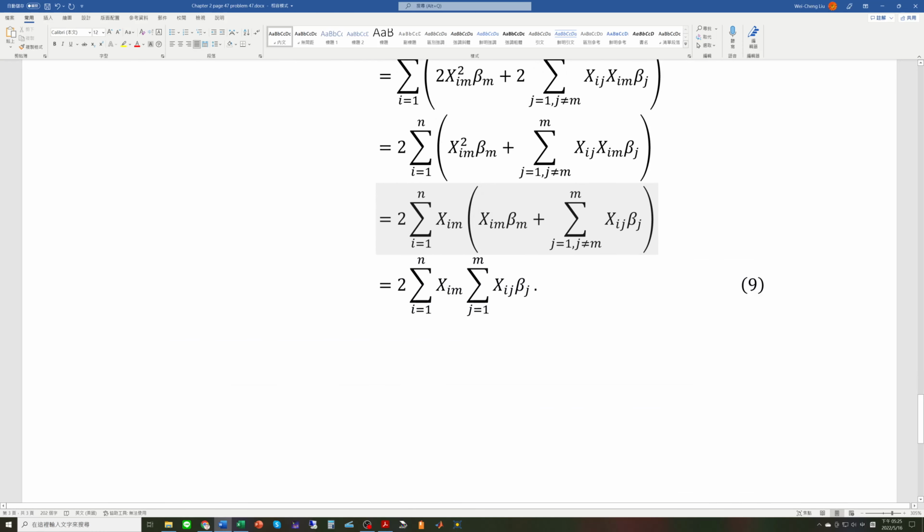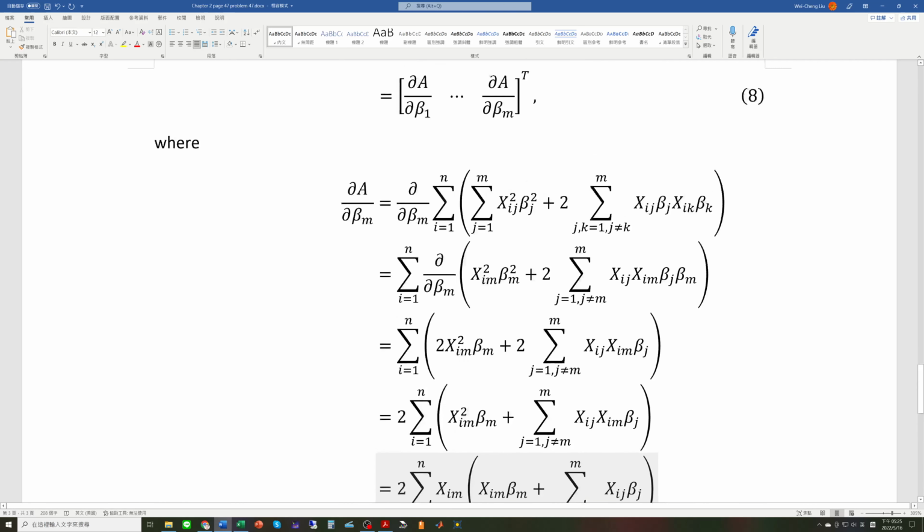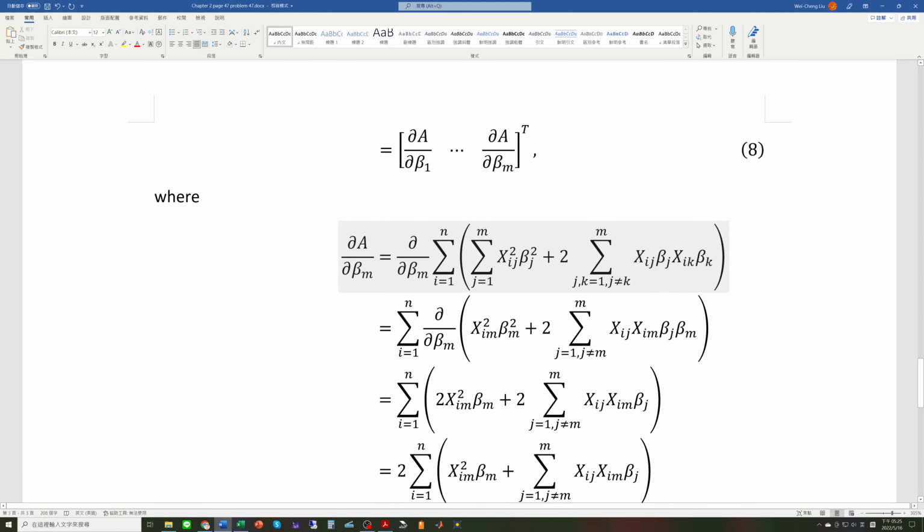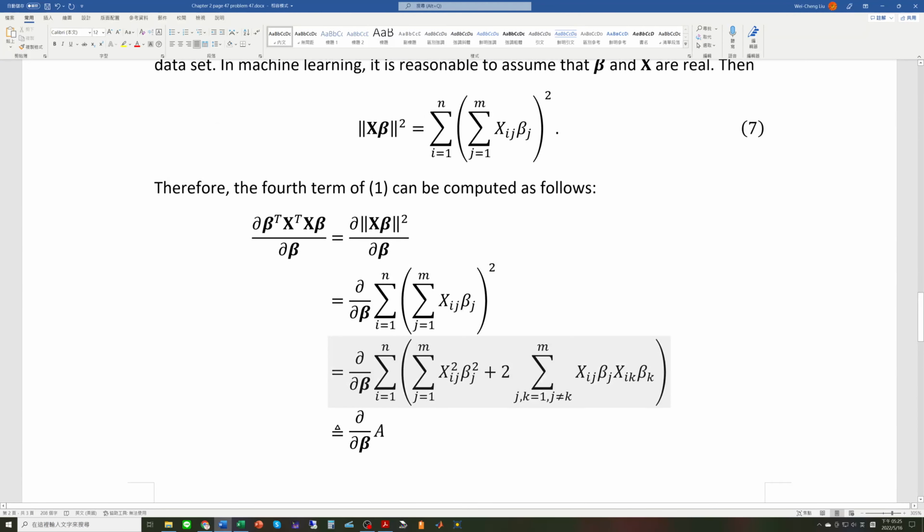Then, substituting equation 9 into equation 8, we can see that equation 9 is partial a over partial beta m is equal to 2 times summation i is equal to 1 to n x_im summation j is equal to 1 to m x_ij beta_j, and equation 8 is partial beta transpose X transpose X beta over partial beta.